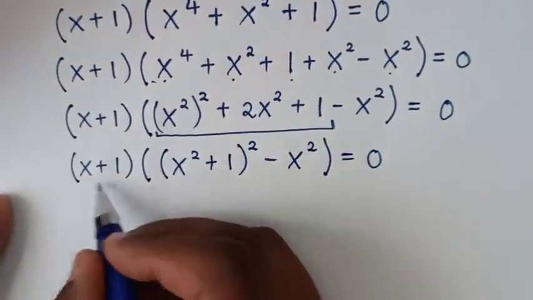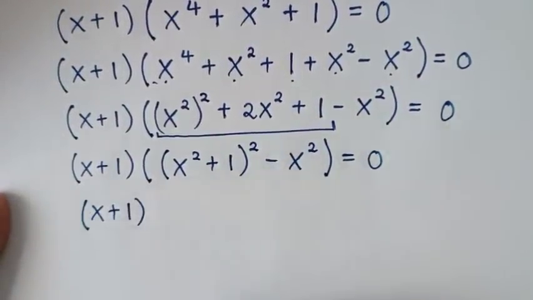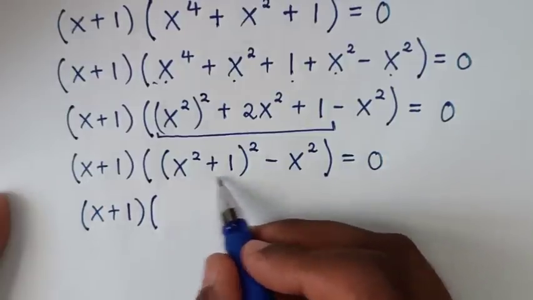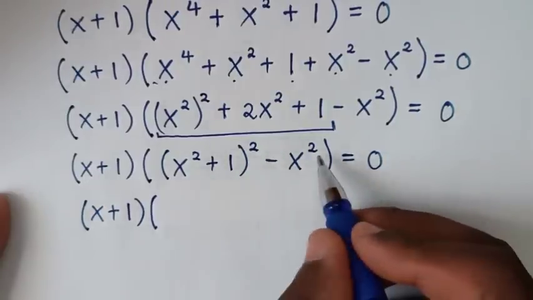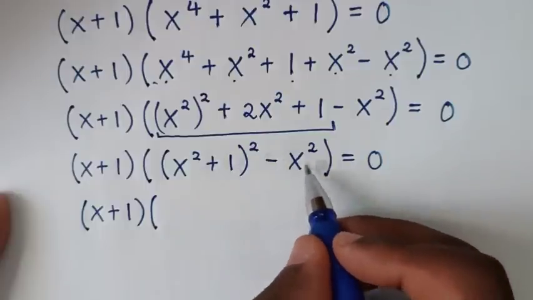Then in the next step, it will be x plus 1 bracket. Then from this part here, this is in the form of a perfect square. Here we have (x^2 + 1)^2 minus x^2.